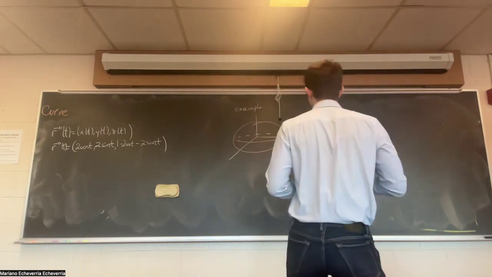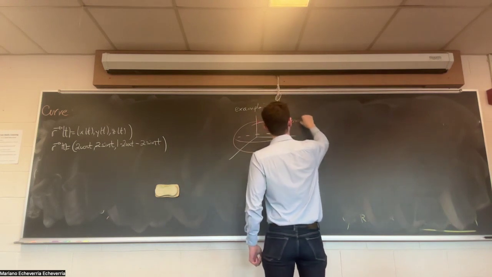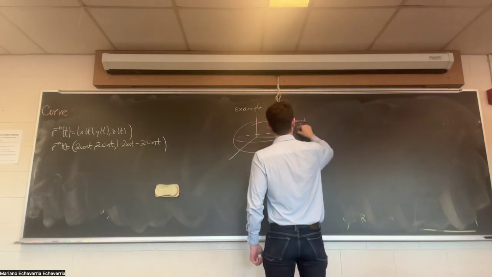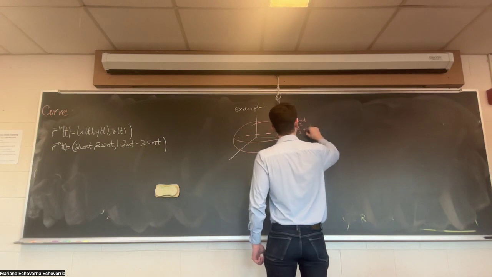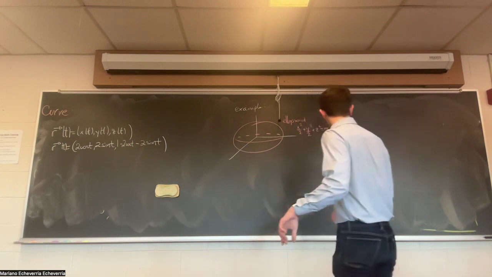So we have the ellipsoid, right? So here's the ellipsoid. x squared over 2 plus y squared over 2 plus z squared equals 9. And you have the cone.